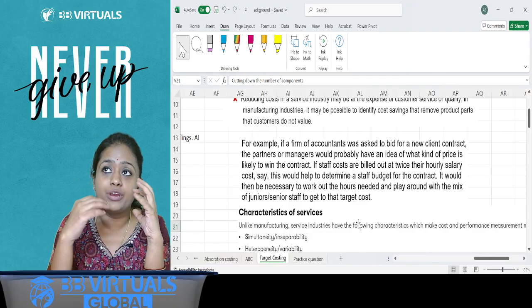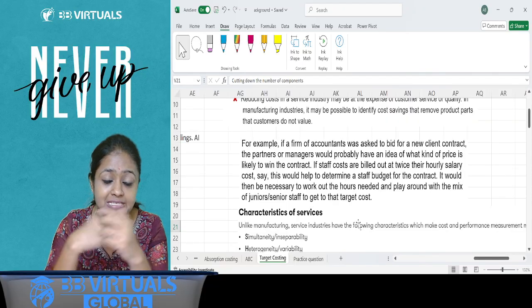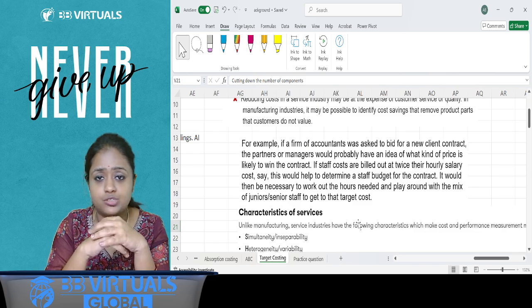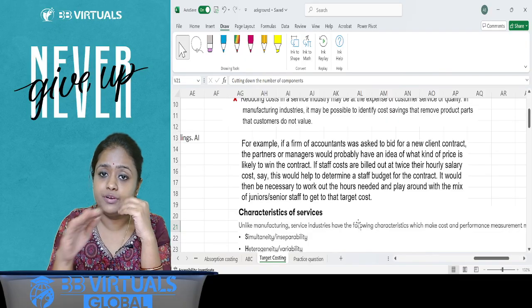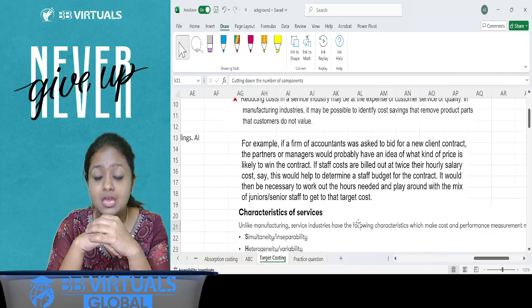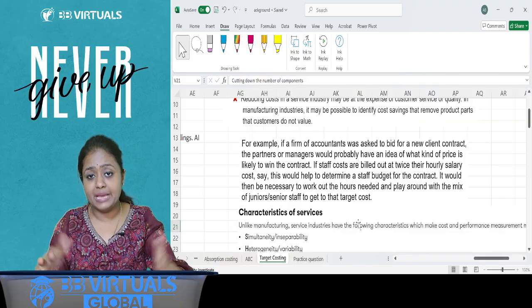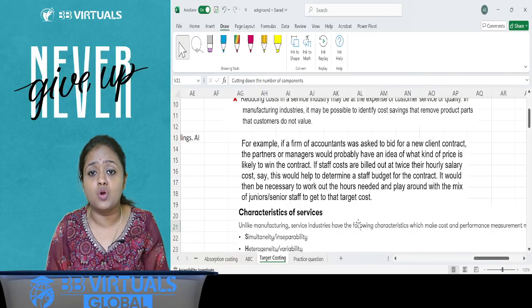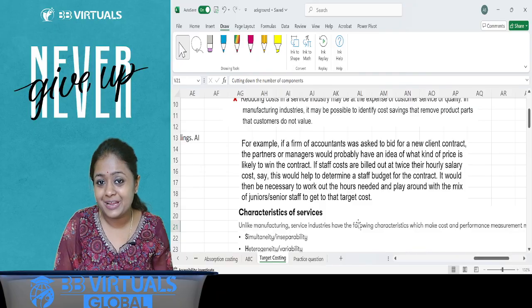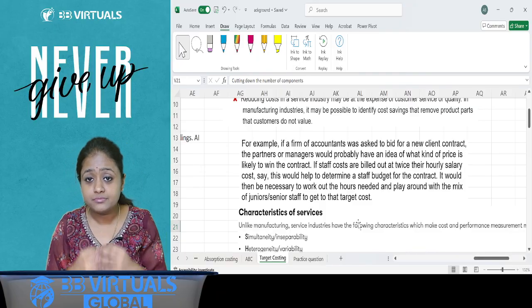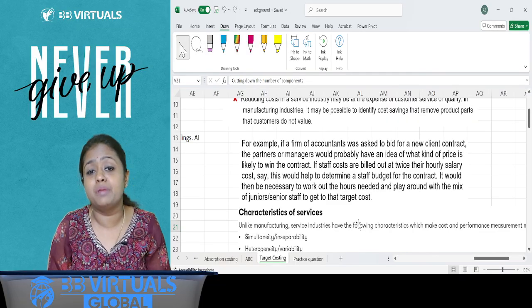Now for example, if I have to provide accounting services for 10 different clients, I may set a target cost for me, that's not a challenge. But what about the kind of services that they're taking? Not everybody will take the same services, and even if they're taking the same services, the in-depth, let's say everybody wants something to do audits, but for every company the audit areas would be different, the heads would be different, the quantum of work will be different, the industry may be different.